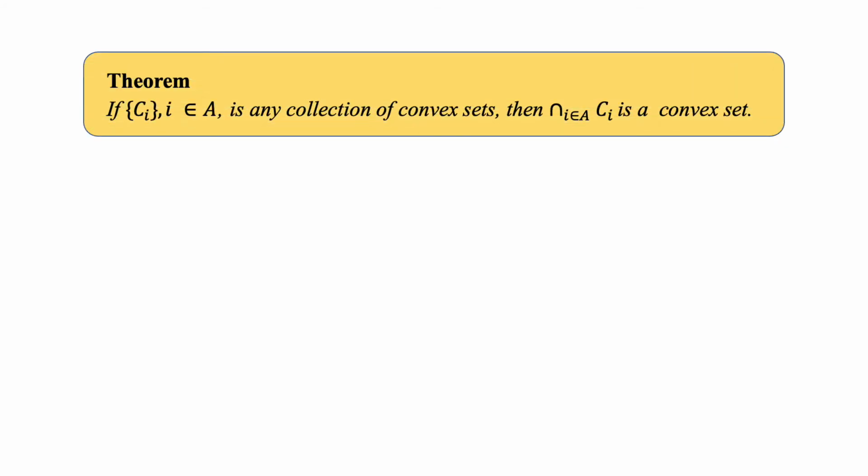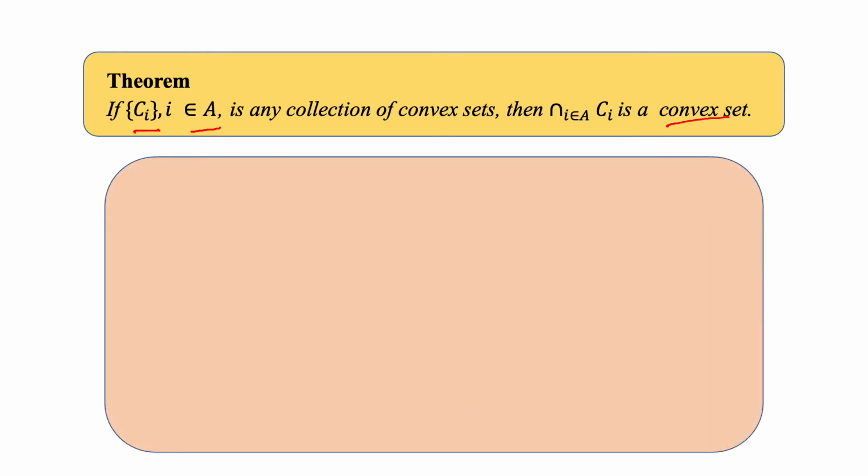Now if we have a collection of convex sets denoted by Ci where i belongs to set A, then the theorem says that the intersection of all the convex sets is a convex set. Let us try to prove it.